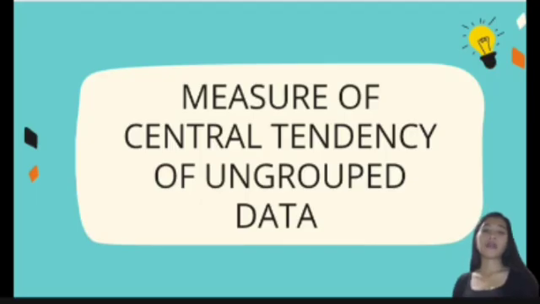Okay, time's up. Exchange papers with the other groups and we will check your papers along with the discussion. So let's start. Our discussion right now is all about the measure of central tendency of ungrouped data.